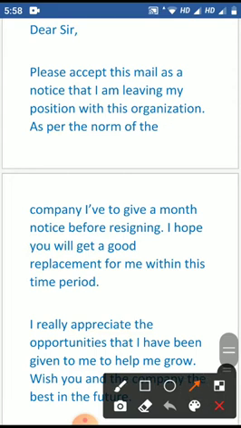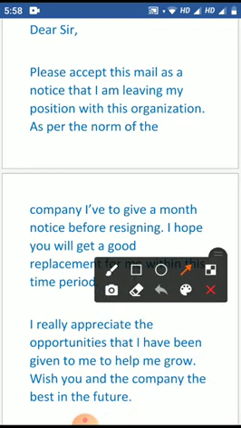We write the main body just like that. Please accept this mail as a notice that I am leaving my position with this organization. As per the norm of the company, I have to give a month's notice before resigning. I hope you will get a good replacement for me within this time period. I really appreciate the opportunities that have been given to me to help me grow.